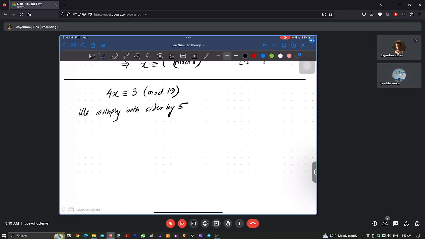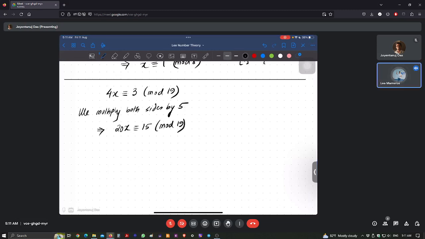So we multiply both sides by 5, then what happens? It becomes 20x is congruent to 15 modulo 19. But one observation is 20 I can write as 19x plus x.